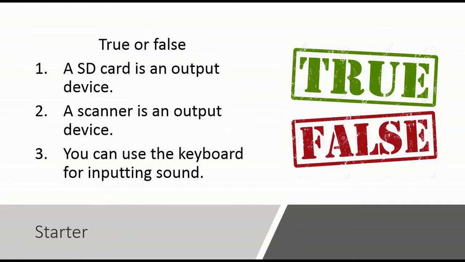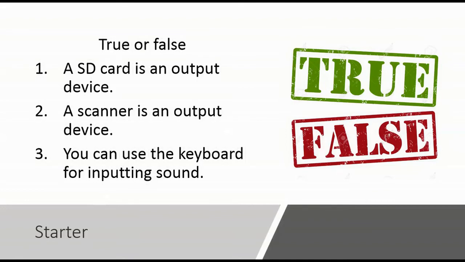Yes. The second sentence says that a scanner is an output device. So let's think about this. What does a scanner do? You put photos into it or paper with text, and then it scans it into the computer, which becomes digital format. Is there any output happening here? No, rather a scanner is an input device.